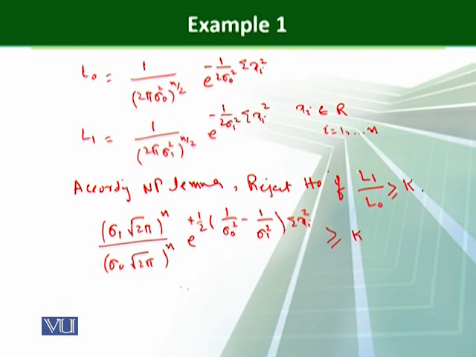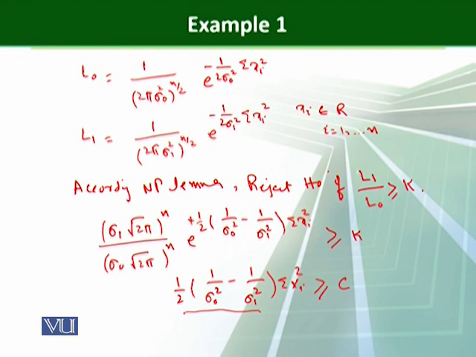So this is equal to 1 over 2 times 1 over sigma naught square minus 1 over sigma 1 square, into sum xi square greater than or equal to, we merge these constants into k, let's say we call it c, and further these are also constants, so we merge these also in c.